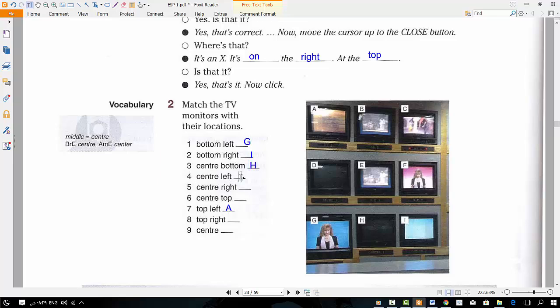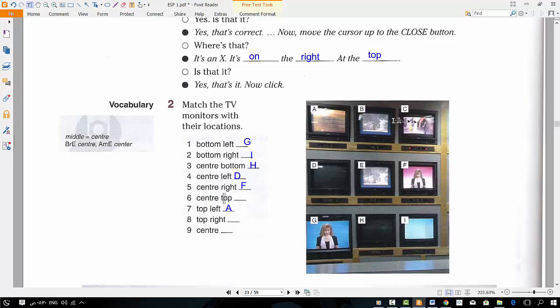Center, left. This is the center. Center يعني الوسط. Center, left. D. Center, right. This one. F. Center, top.